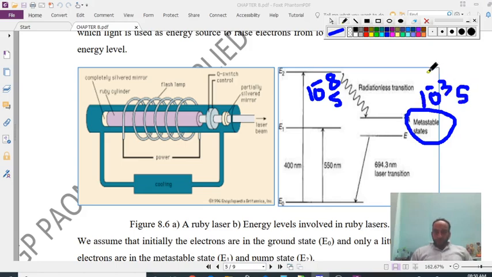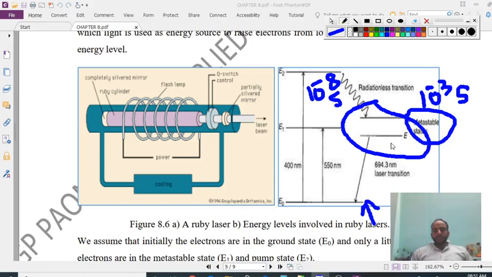So they stay in this state for a longer time as compared to the E2 state. So the number of electrons or atoms in this state increases with time. If the number of atoms in this state is higher as compared to the lower state, then our population inversion condition is achieved.